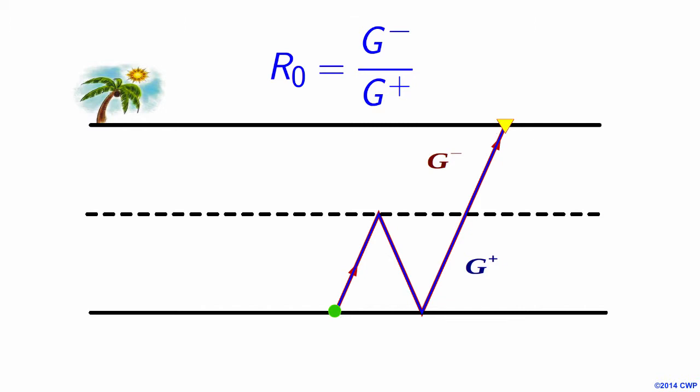When you see this superscript 0, that means there are no free surface multiples present, although the Green's functions G plus and G minus do have free surface multiples. And you'll see the application of this later on in the presentation. So this is where the convolution imaging condition stems from.